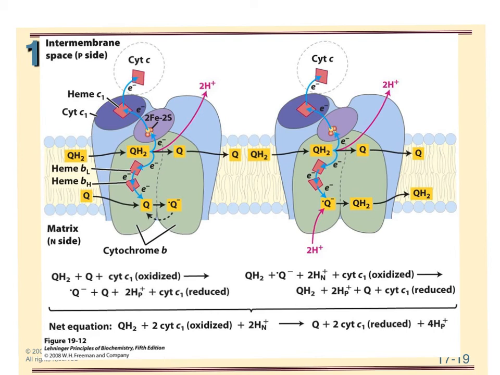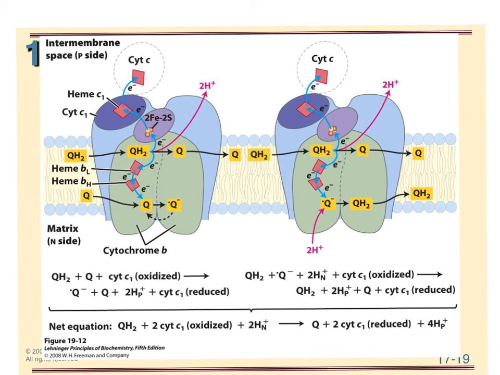Yeah. In all these complexes, it just shows that protons are just kind of flowing to the P side. Where are they coming from? Well, they're coming from the N side. Is that the matrix? Yeah. How are they flowing through it? It just shows an arrow of 2 protons going straight up, like nothing shuttling them or anything. Right. They do that a lot.